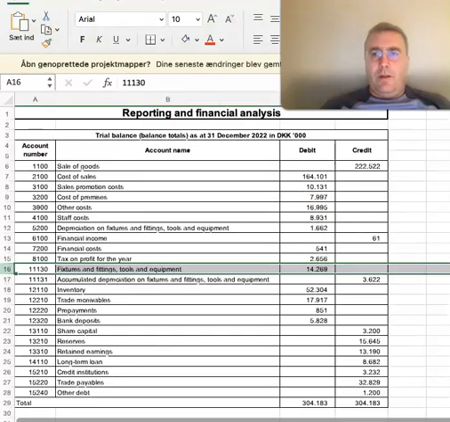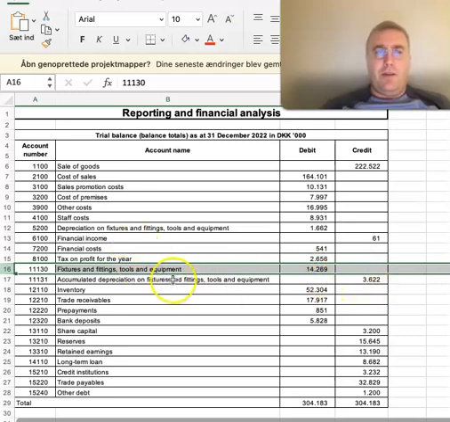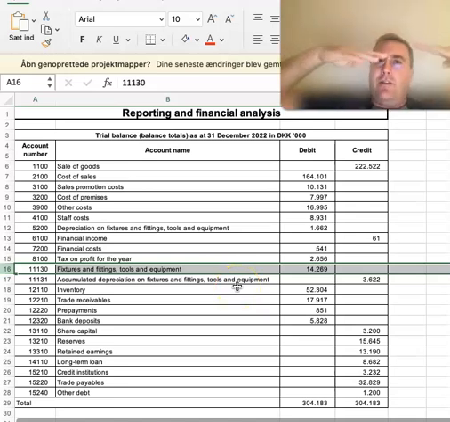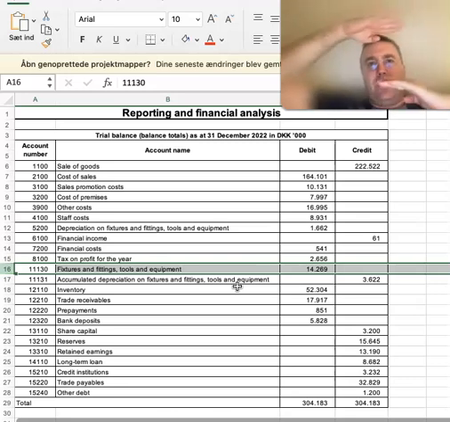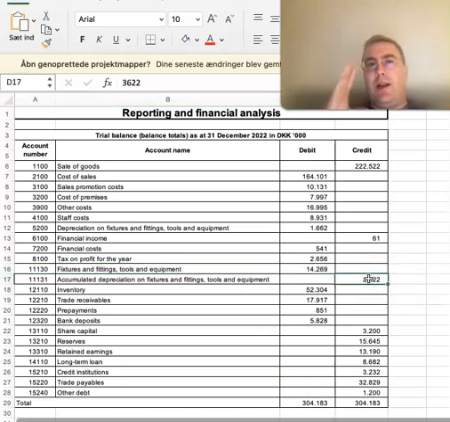So the important thing here in this case is you have fixtures and fittings here, but you need to subtract the accumulated depreciation because that's not the value of the fixtures and fittings anymore. It means, for example, if you buy a sink, you say, okay, we depreciate it over a 5-year period of time, and this is how much depreciation accumulated, in Danish it means samlet, you need to subtract.